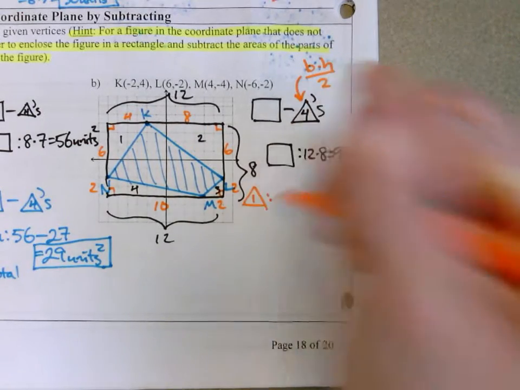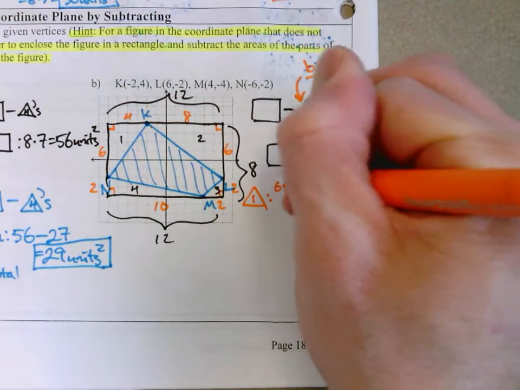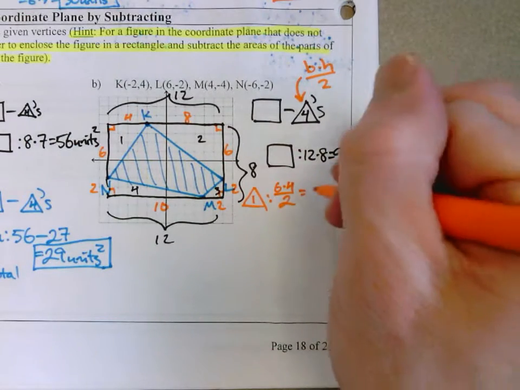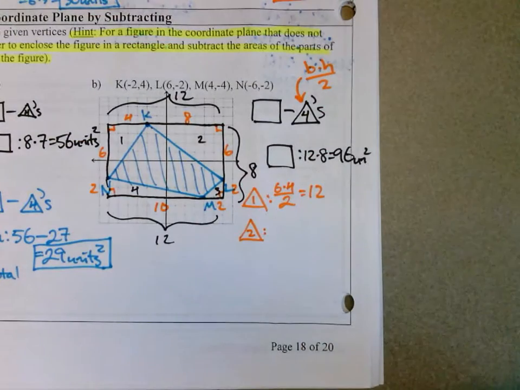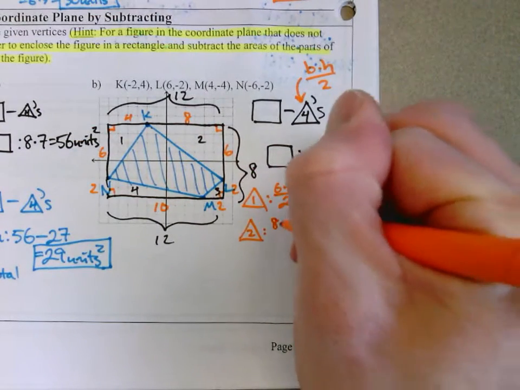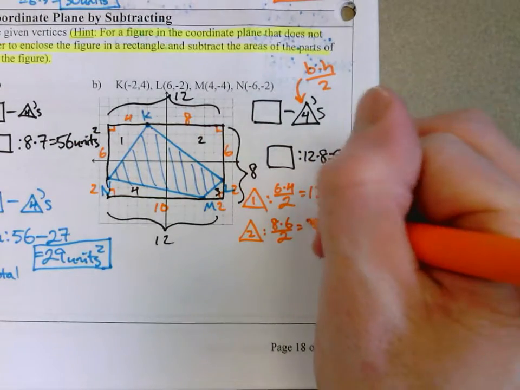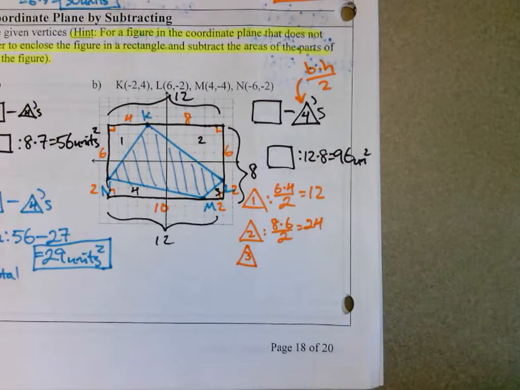Triangle number 1 is a 6 by 4 triangle. So remember, you do base times height divided by 2. This is 24 over 2, which results in 12. Triangle number 2 is an 8 by 6 triangle. So base times height divided by 2. 48 divided by 2, which is 24. Triangle 3.